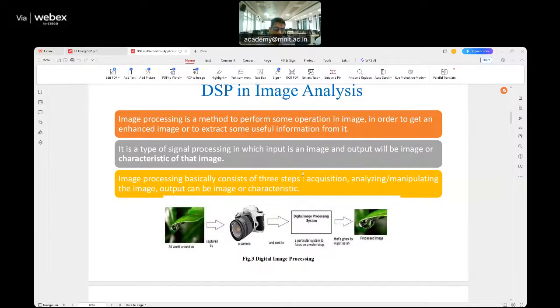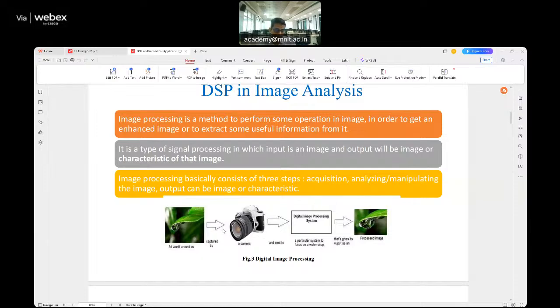That is the relationship between DSP and image processing. Image processing basically consists of 3 steps. Why are we doing it again? Because we want to go to the medical image. So again, recalling: image processing basically consists of 3 steps: acquisition, analyzing, and manipulating the image.